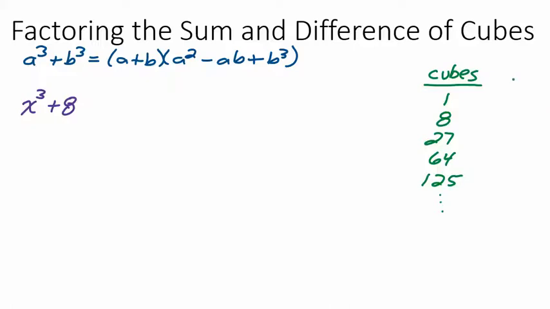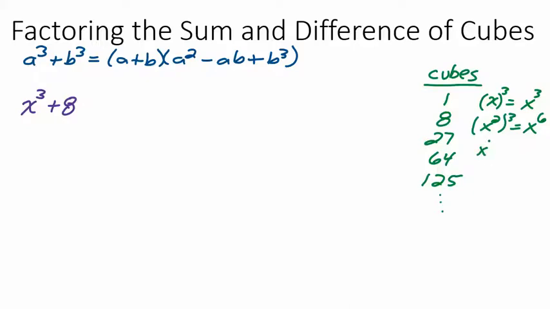As far as the variable expressions go, I'm going to write this out in a little more detail because this can be a little confusing. We can have x to the third power, which is obviously x to the third power. We could have x squared to the third power, which is x to the sixth. Okay, so that makes x to the sixth a perfect cube because it is x squared cubed.